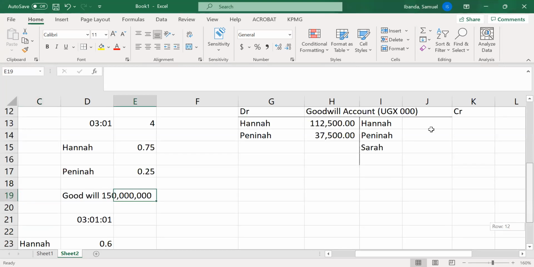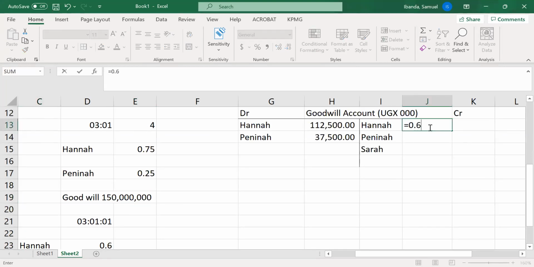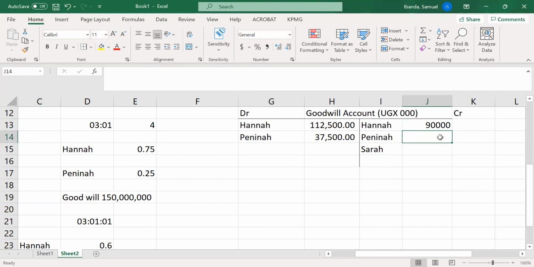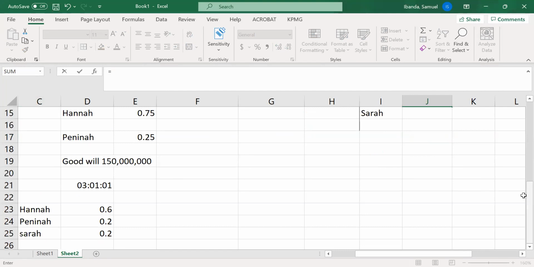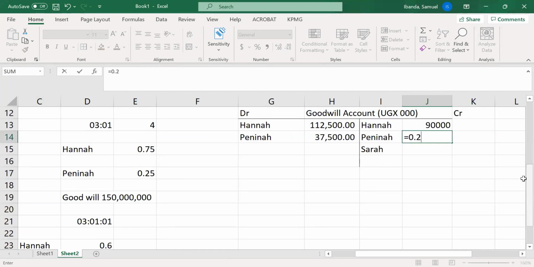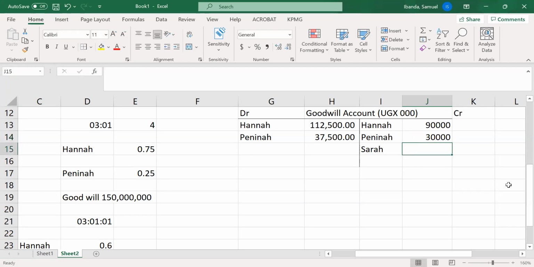So this is 0.6 times 150,000, which gives us this. Then 1/5 is 0.2, and 0.2 times 150,000 gets you that. It's the same for the other partner. It still adds to the same total.